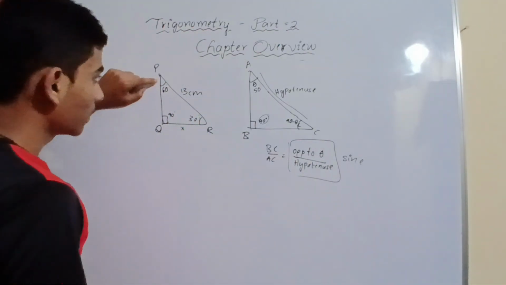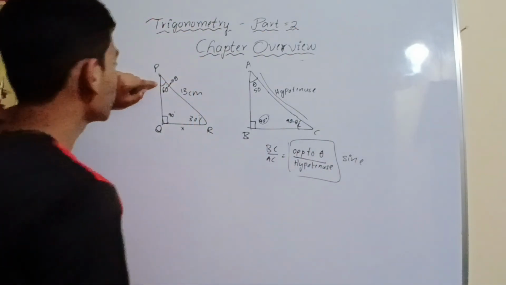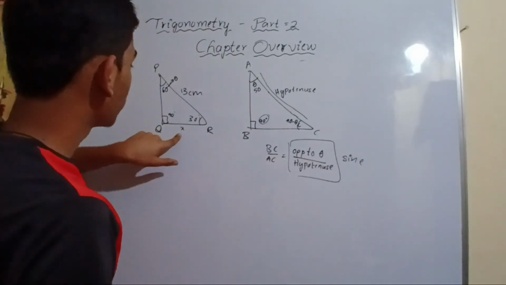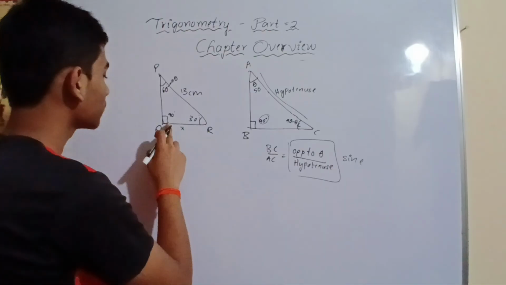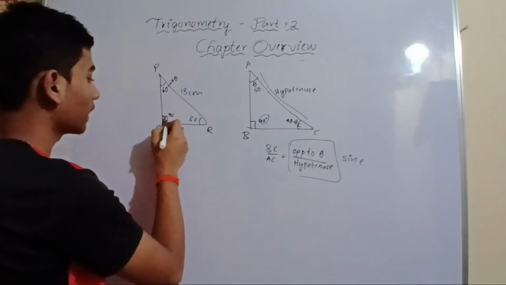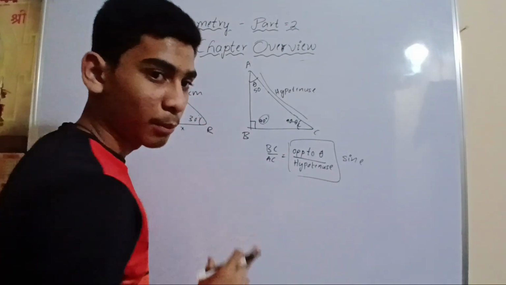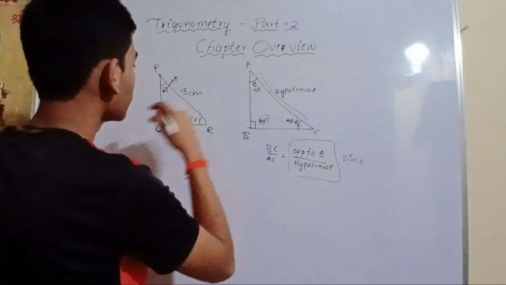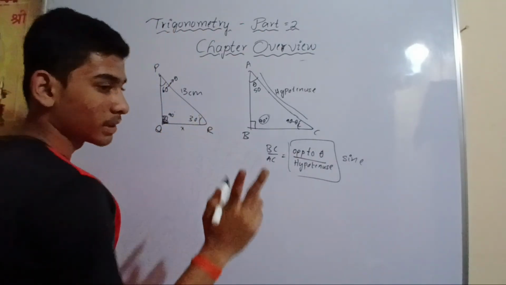In this case, if we take this angle as theta, in our case this angle is opposite to this side, so we can write it in terms of sine, because it is opposite by hypotenuse. Remember, the side opposite to the right angle is always the hypotenuse, and they have given the hypotenuse, so we can find out the value of this using two ways.